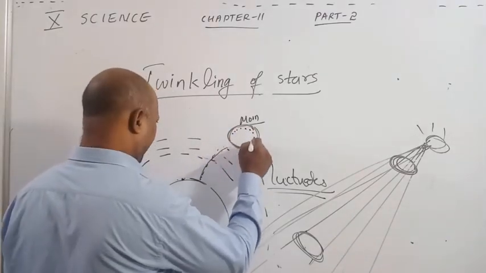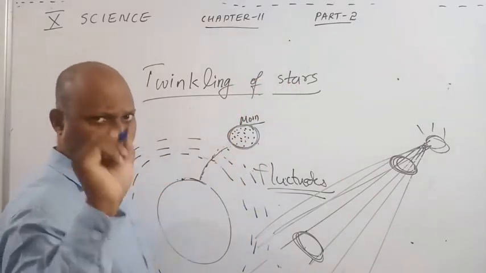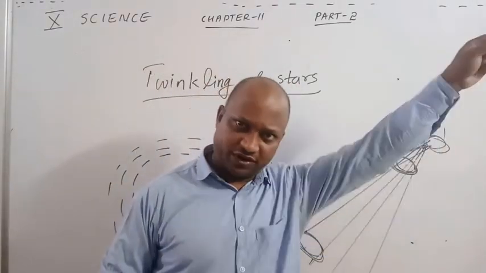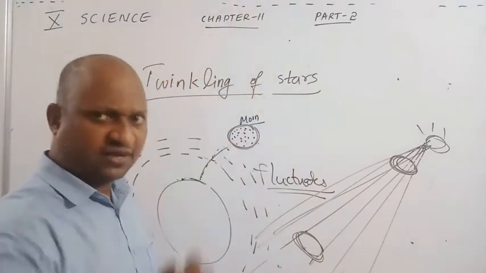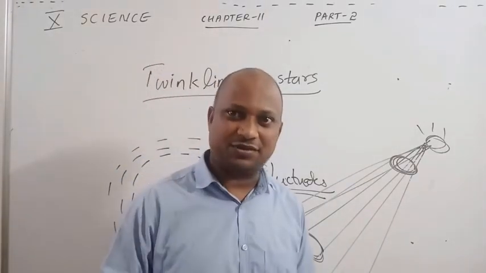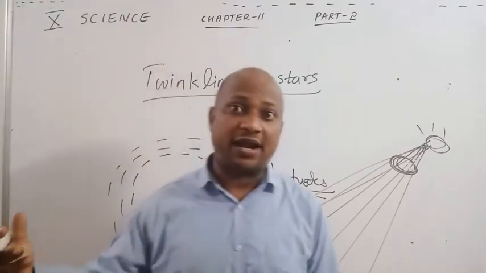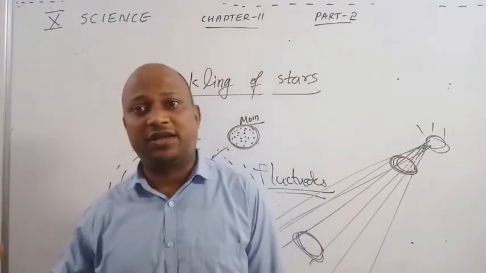If you divide the moon into very small point objects, a star appears to us as a point object, a dot like that, because it is very far away. Very less number of light rays enters our eye. So sometimes we are not able to see stars at all because the light is not entering. Or even if light is entering, when more bright light enters our eyes, then we are not able to see.